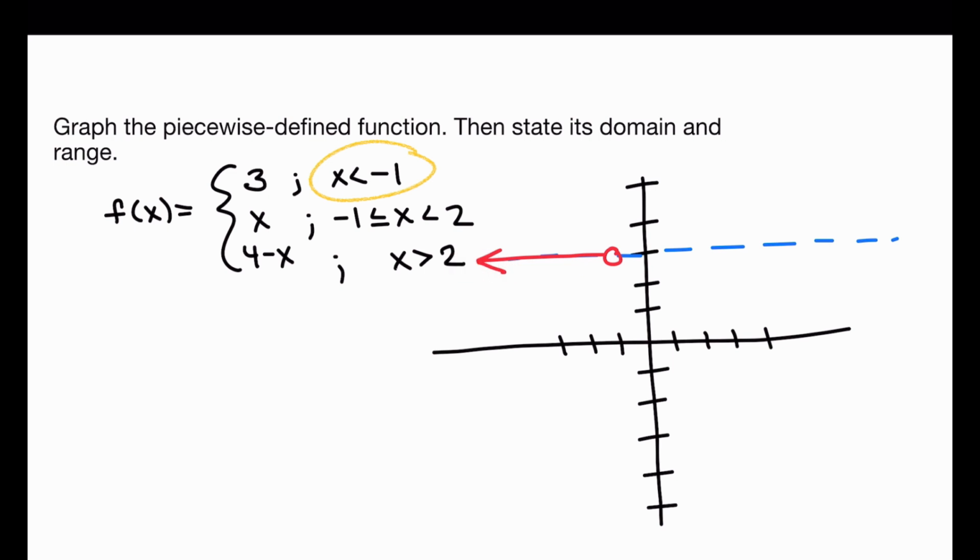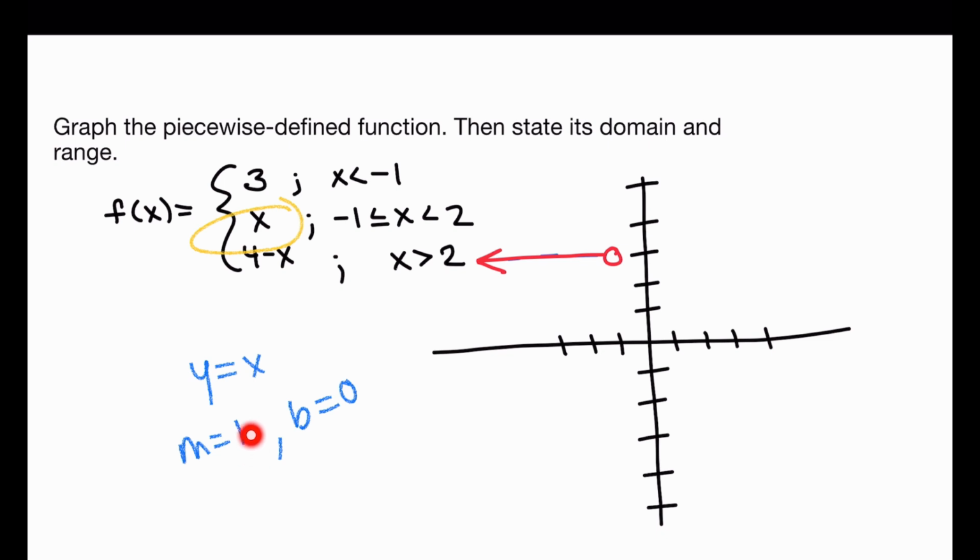The middle piece of this function is f of x equals x, or y equals x. That's our linear function. It has a slope of 1, 1x, and a y-intercept of 0. So I'm going to lightly sketch that linear function. It goes through the origin, up 1 over 1, up 1 over 1.